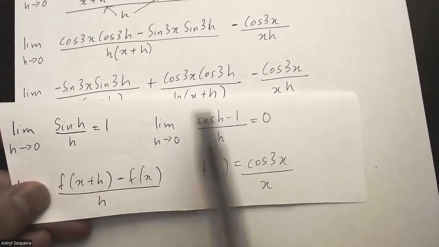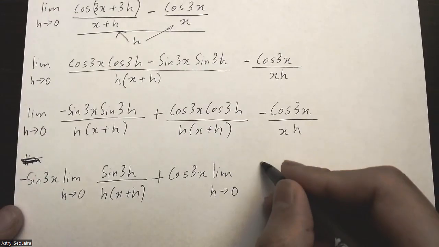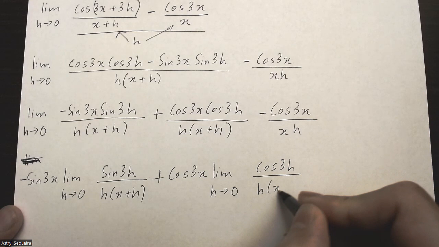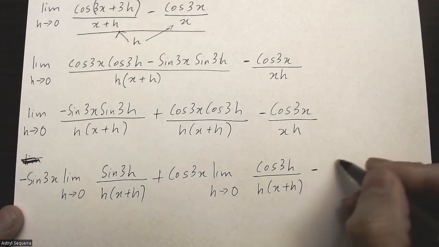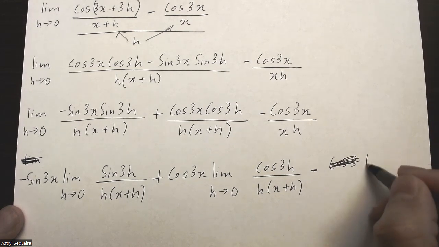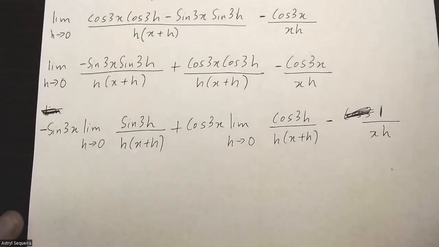That's why I'm splitting them up. Over here, I'm just left with cos 3h over h times x plus h, minus 1 over xh. So now I'm getting a lot closer to my identity.